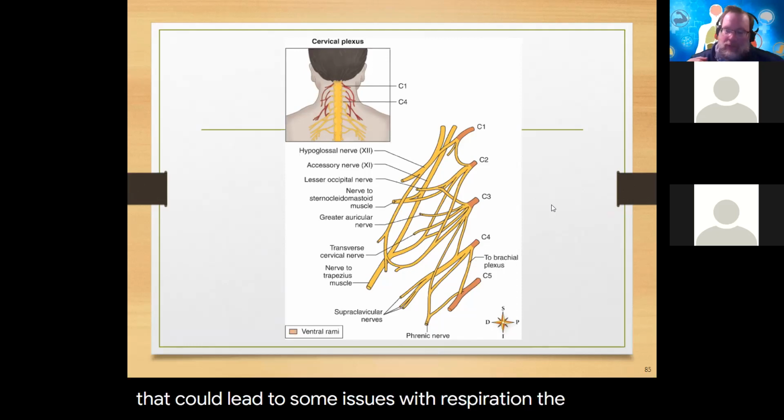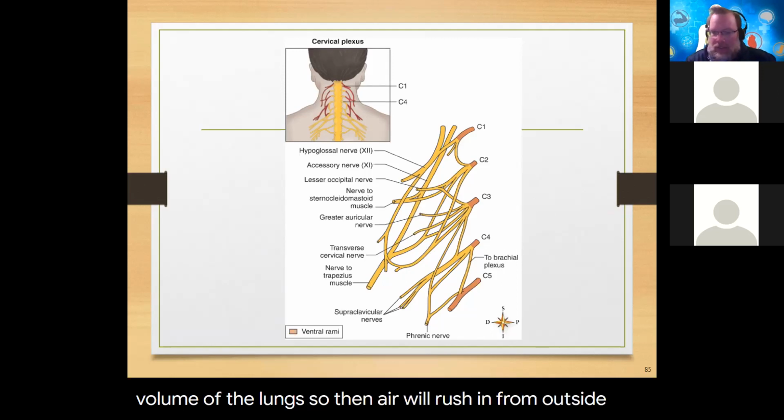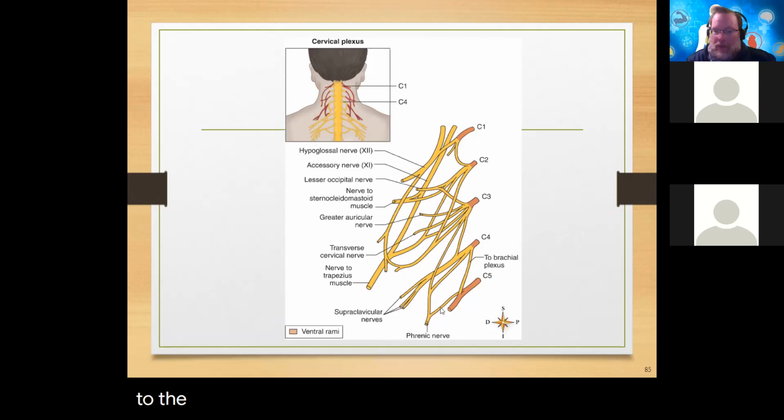The diaphragm functions to kind of flatten out and expand the volume of the lungs. So then air will rush in from outside to the inside. Okay. And the phrenic nerve enables the diaphragm to flatten out.